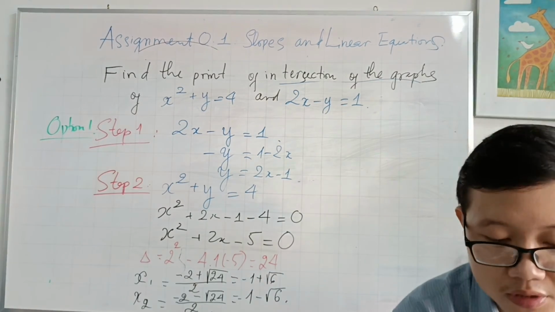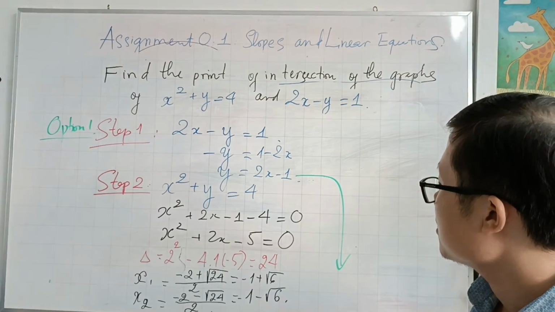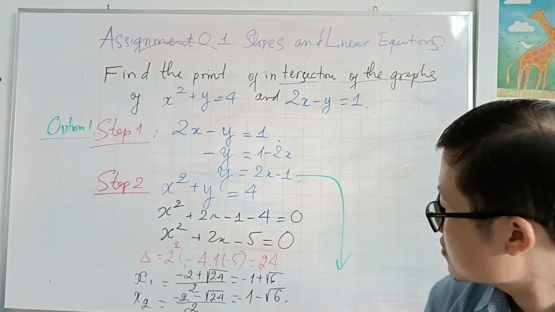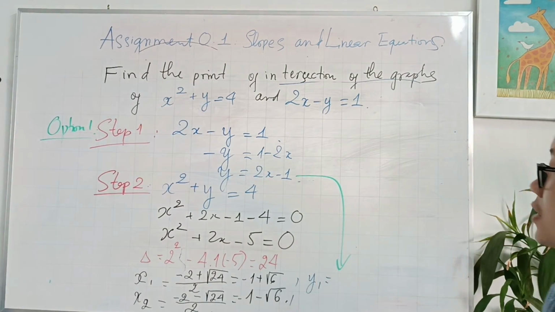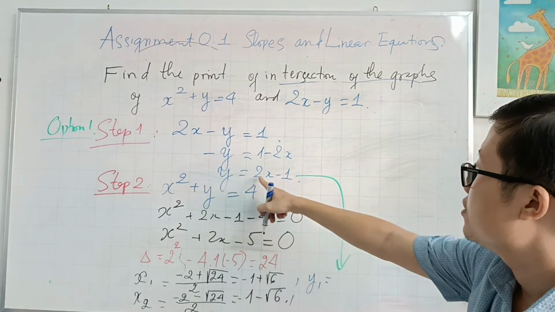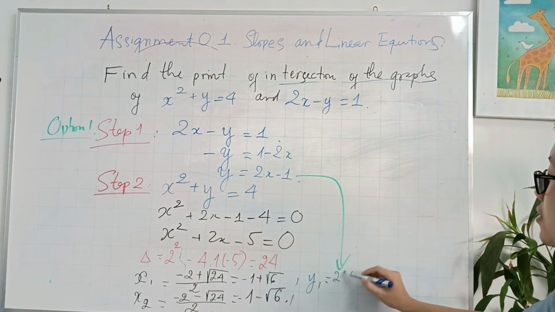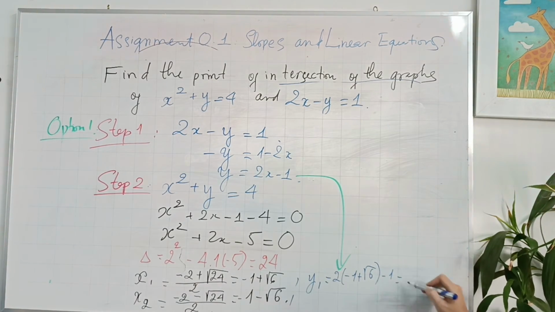So we substitute x from the first step here. So we have y1 equals 2x minus 1, it is 2 times negative 1 plus square root of 6, minus 1.